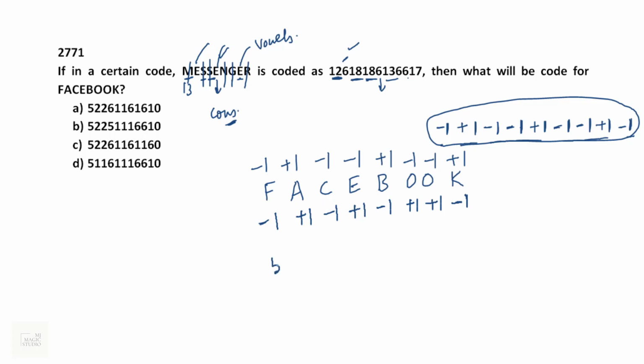So 6 minus 1, 5, A is 2, 3 minus 1 is 2, 5 plus 1 is 6, B is 2, minus 1 is 1, then O is 15, it will give 16. K is 11 and that will give 10. So we have 5, 2, 2, 6, 1, 1, 6, 1, 0, and that fits in option A.